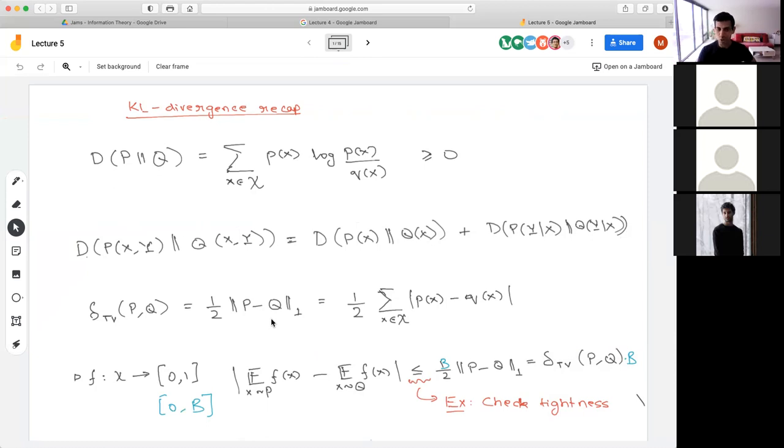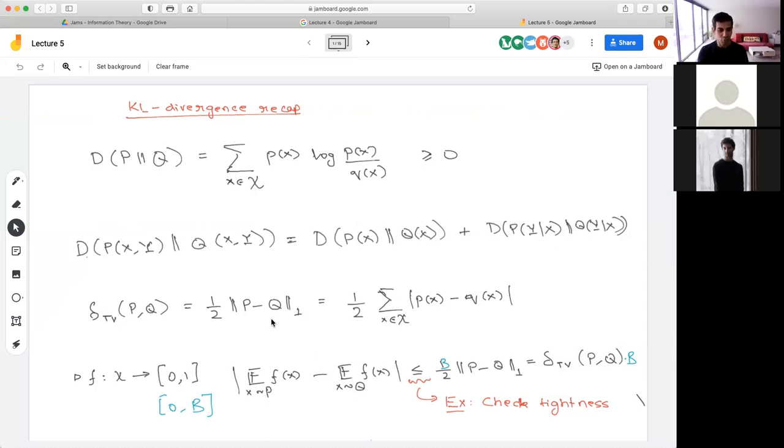And if you go through the proof, it never uses the fact that the function is an indicator. Okay, I see. The proof we wrote uses that it's between 0 and 1. But if you prove it for between 0 and 1, you can just multiply both sides of the inequality by b and it still works. If you have a function which is between 0 and b, just divide that function by b and then apply the inequality. Okay, got it.